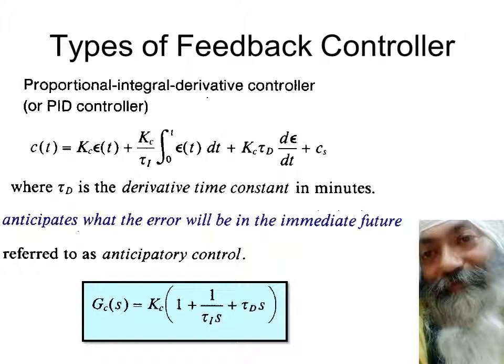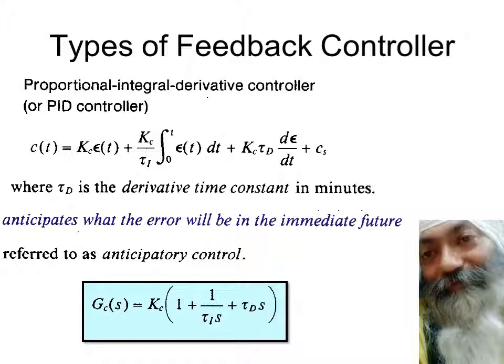So in spite of the fact that we are using a PID controller, which has all three elements in it, which has the history, that is the integral, which has the future, that is the d epsilon by dt, which has the present, and that is the proportional controller Kc, what right now is epsilon. Integral means the history, for how long the error was there, and d epsilon by dt means future, anticipation.